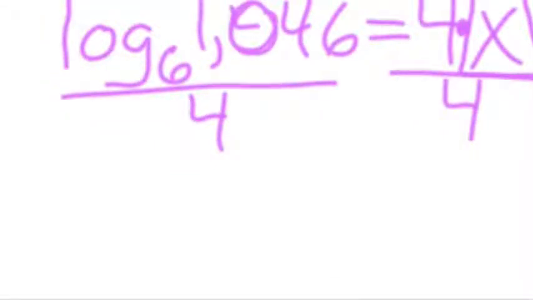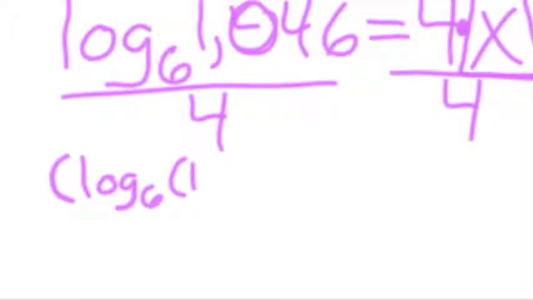How we're going to put this in Desmos is we're going to put a parentheses. We're going to have log, with 6 in our base, and we're going to type out that 1046. But how Desmos puts it is that there's another set of parentheses around the value you're taking your log of.